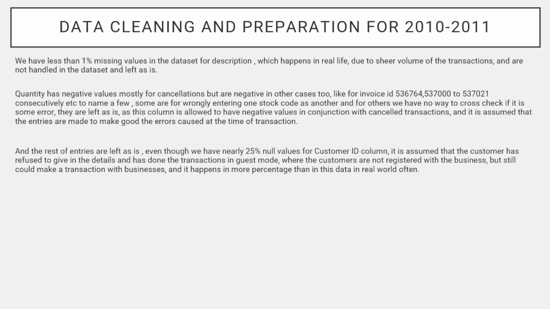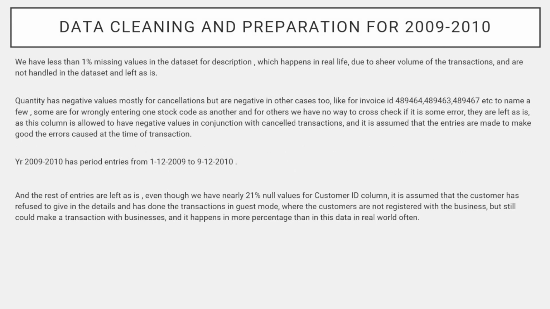And then you could see that there are null values in the customer id column too, and it is practical to expect null values in customer id because you don't really need to be registered with the business to be able to make an order with them. You could just make a guest transaction and the order would still make its way to your home. That's why.